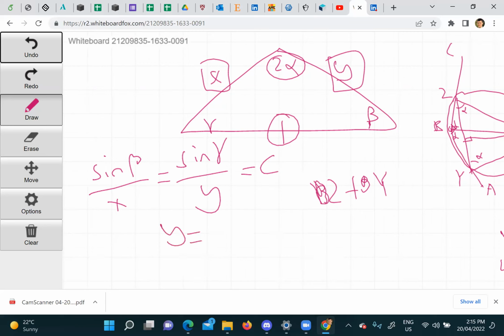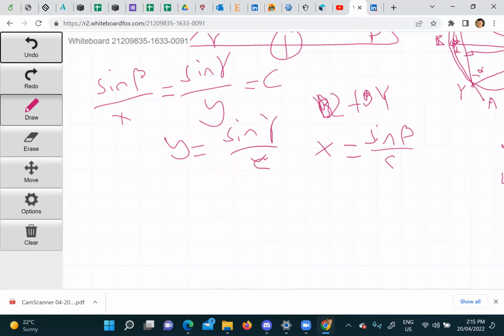Y equals sine gamma on C. X equals sine beta on C. X plus Y equals... Surely this can't be that hard, right?